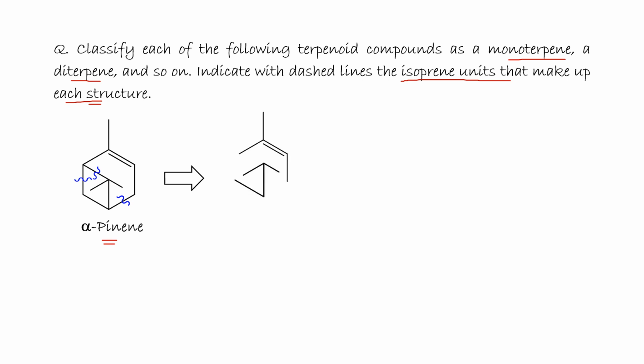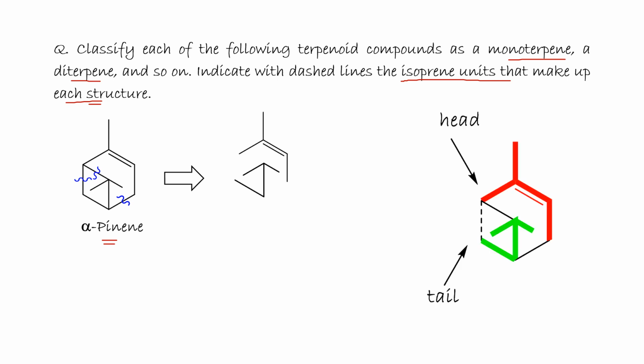This is one, and this is another one, right? So, again, here is the head, and here's the tail of the other one, okay? So I classified it as a monoterpene because it contains two isoprene units.